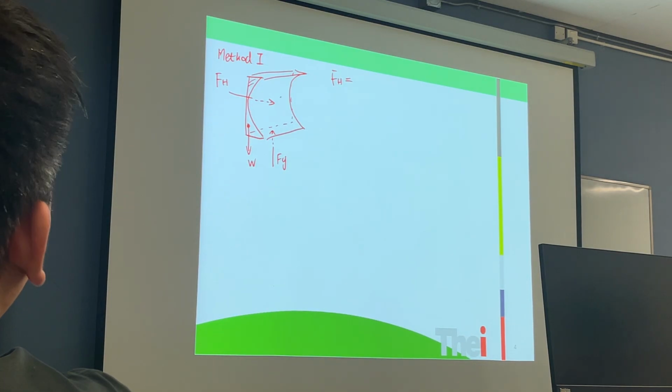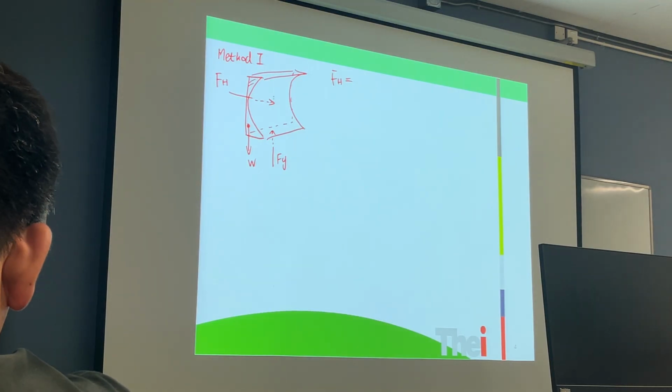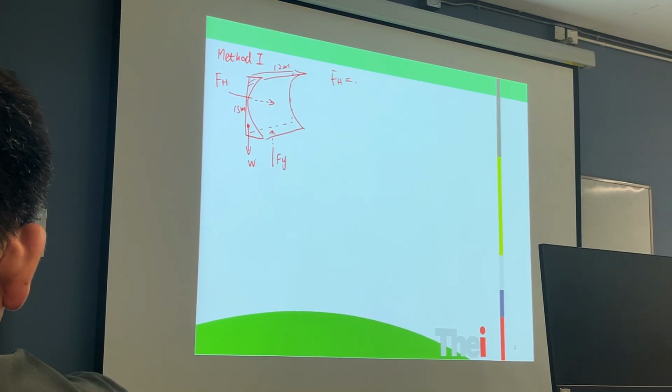The rectangle's centroid is halfway of the height. The height is 15 meters here and 12 meters here. So the force is equal to the centroid's pressure times the area.